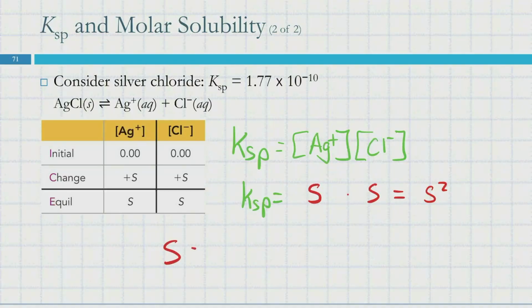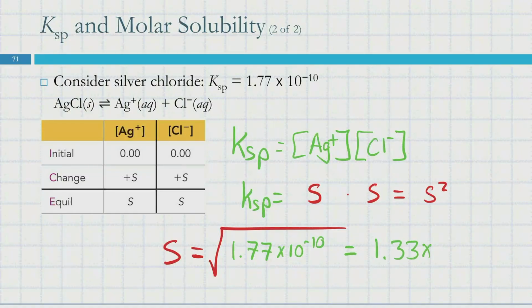So S, skipping a step here, equals the square root of KSP, 1.77 times 10 to the minus 10. So our S here, our molar solubility, is 1.33 times 10 to the minus 5 molar.